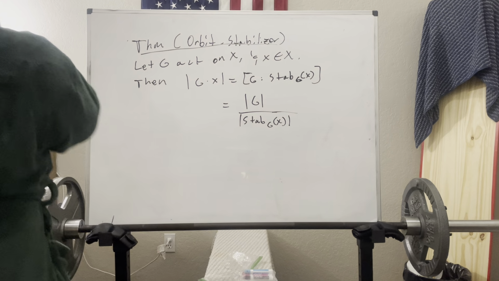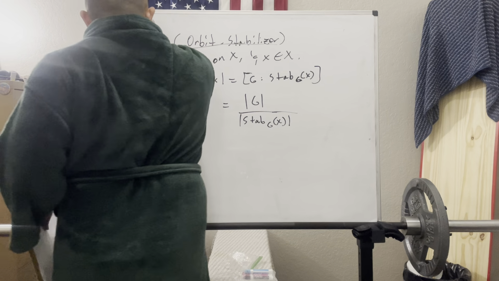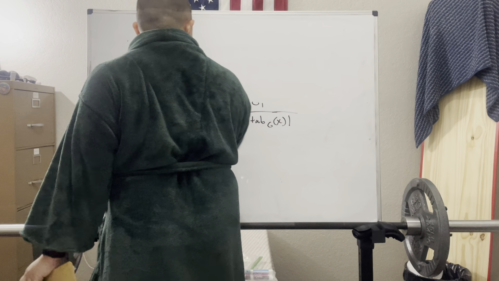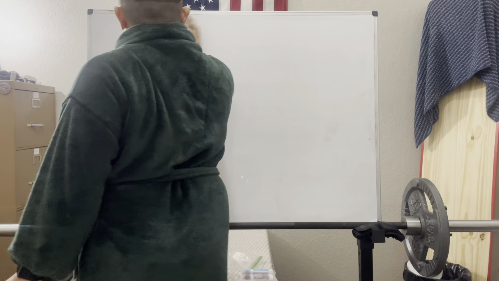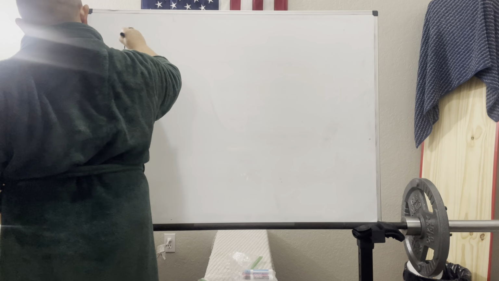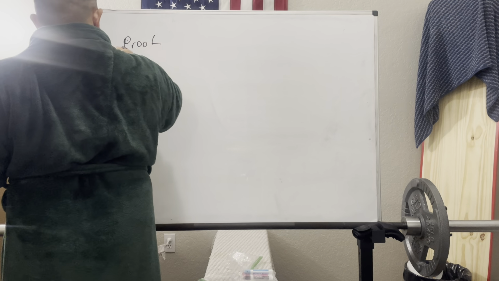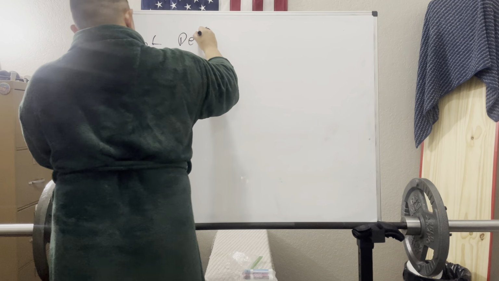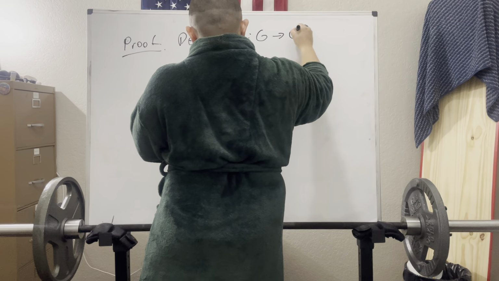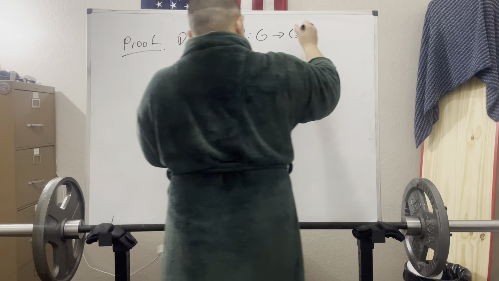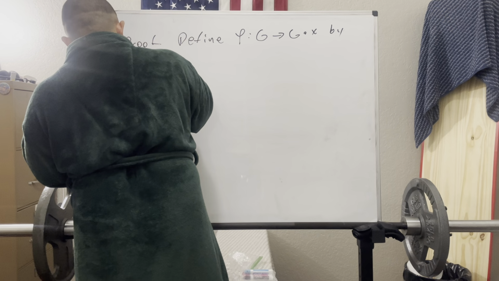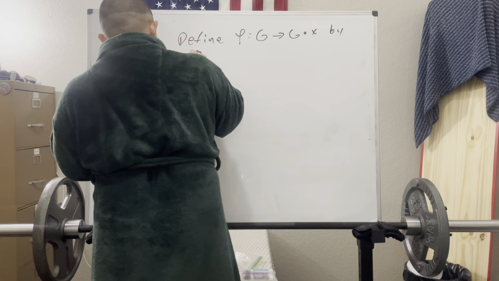So let's get into a proof of this. This is going to need a lot of calculative examples to better see, but let's look at a proof for now. Define phi to be the map from G to G operated with x, by phi of g equal to g operated with x.